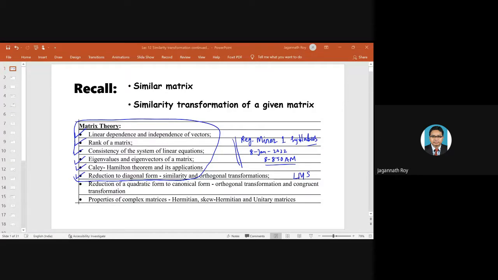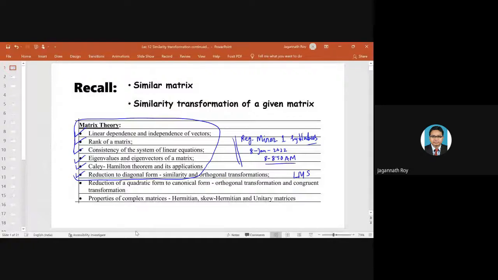Okay, so let us continue where we stopped in the last class. We are discussing similar matrices. Two matrices A and B are said to be similar if there exists an invertible matrix P such that A equals P inverse BP.